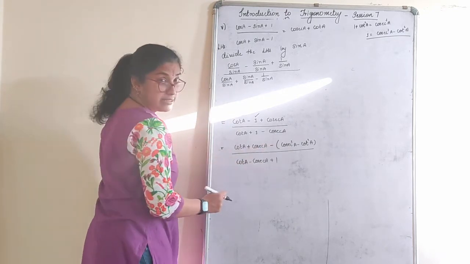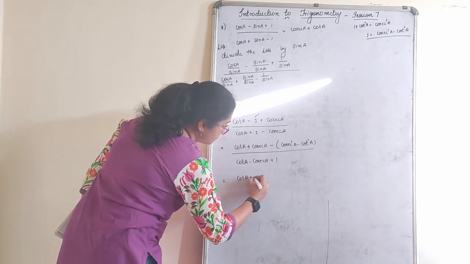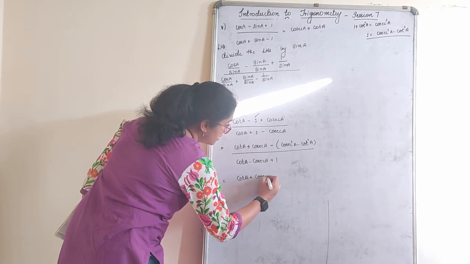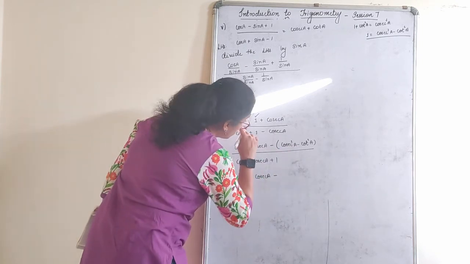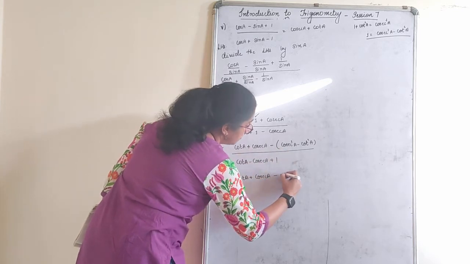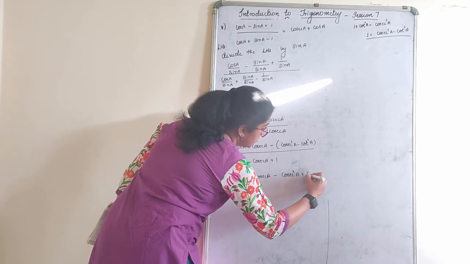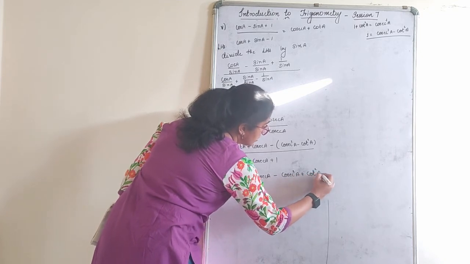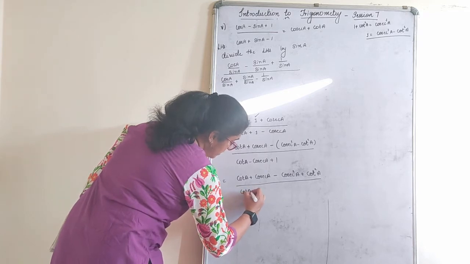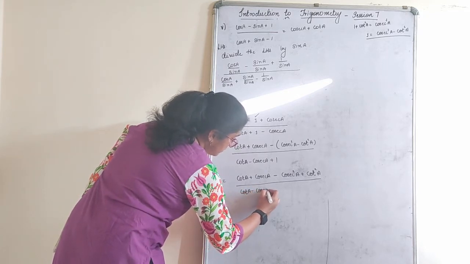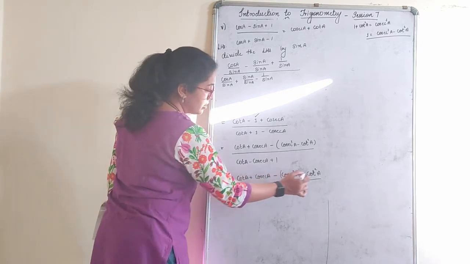We'll multiply the minus sign inside now. Cot A plus cosec A minus cosec square A plus cot square A, whole divided by cot A minus cosec A plus 1. Can I use it like this?